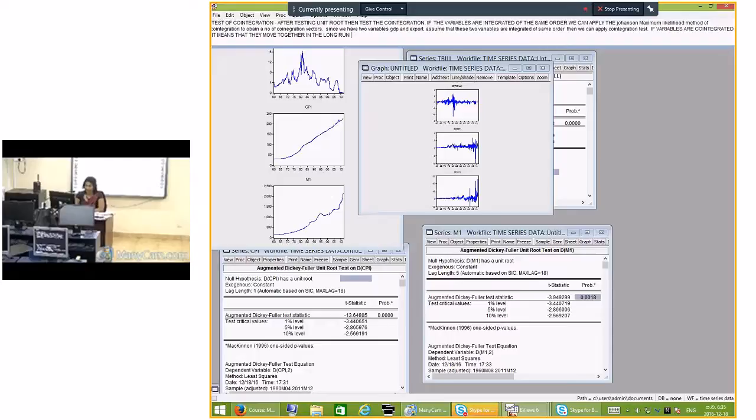That means these two variables have a long run relationship.